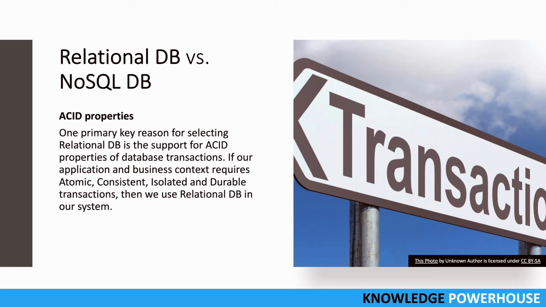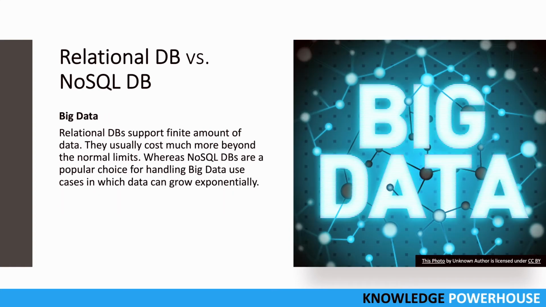Whereas NoSQL databases do not provide ACID properties, so they are not so suitable for this kind of scenario. So if your business needs ACID compliant transactions, go for a relational database rather than a NoSQL database.